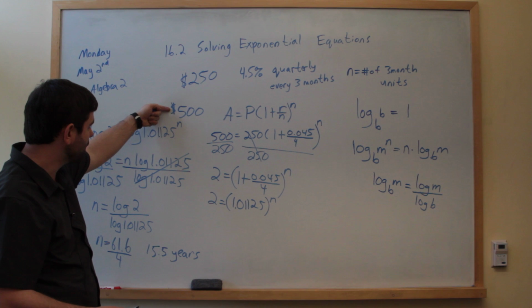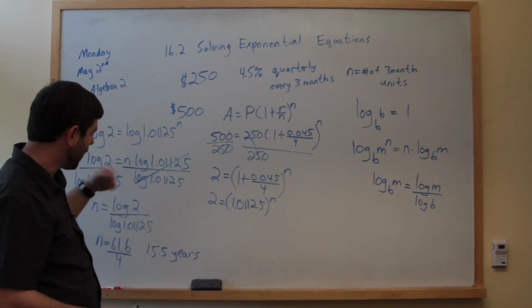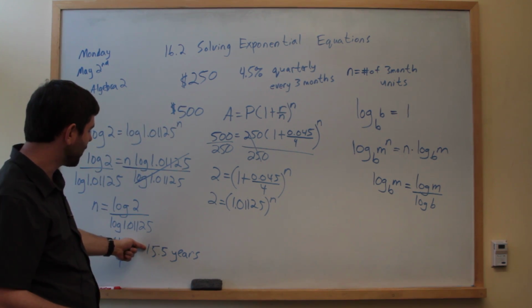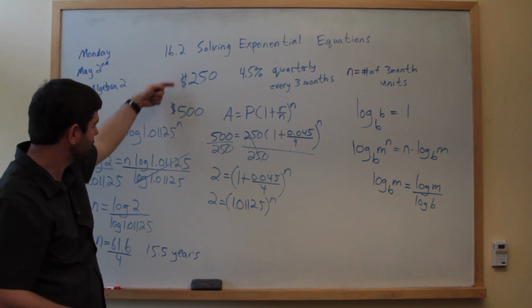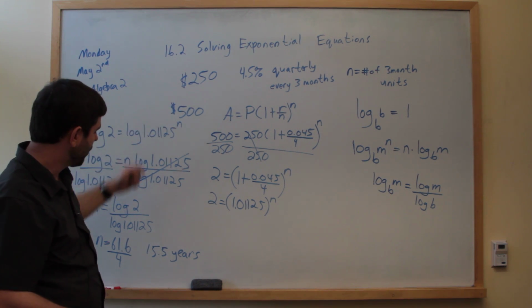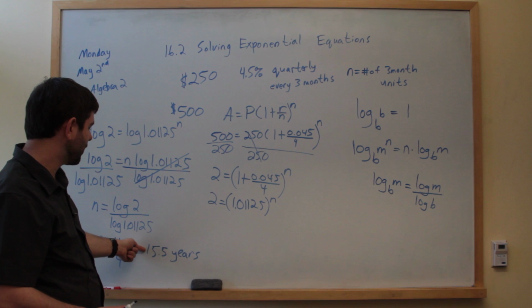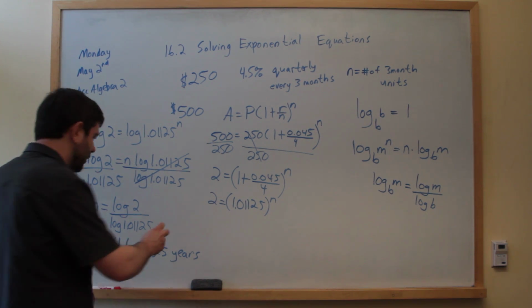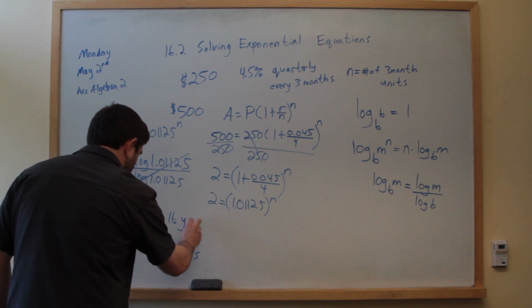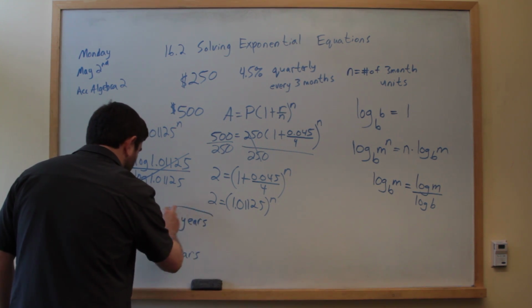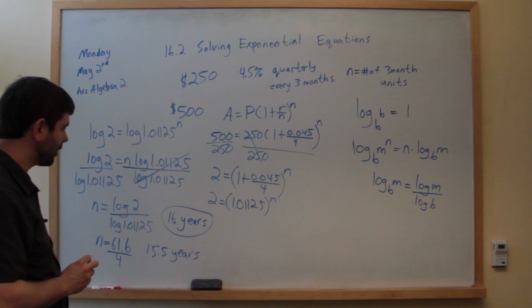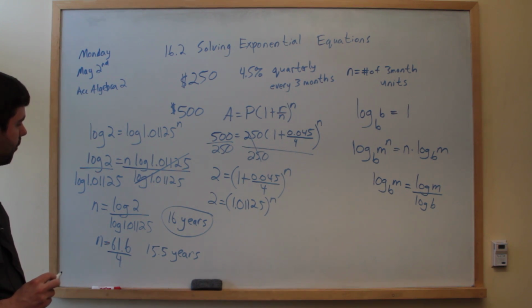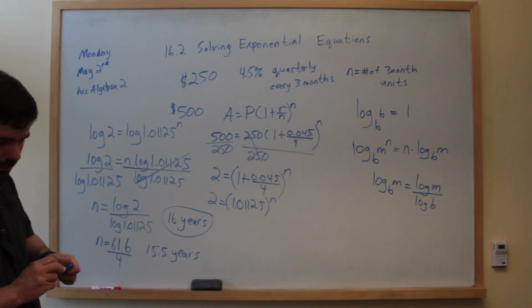In this case, $500, or in how many years will our initial investment of $250 reach $500? 15.5 years, well, after 15 years, no, it wouldn't get there, but after 16 years, we would be a little higher than $500, so that's how we would find that out.